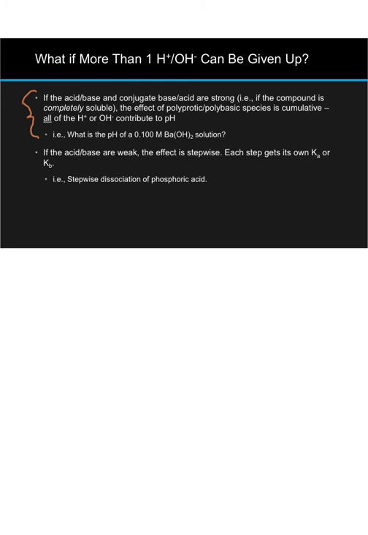For example, in barium hydroxide, we have a strong base that completely dissociates. It just so happens that barium hydroxide dissociates to produce 2 hydroxide ions for every 1 formula unit of barium hydroxide. This is what the stoichiometry of this reaction looks like. Notice that it doesn't go to equilibrium. Instead, it goes to completion, indicated by a single arrow here in this reaction.